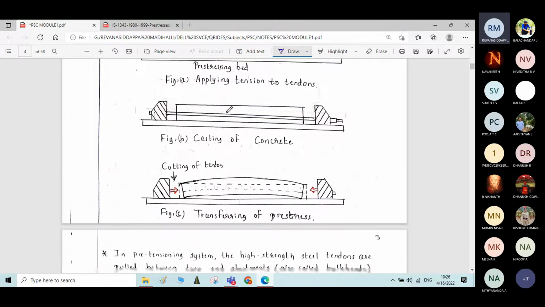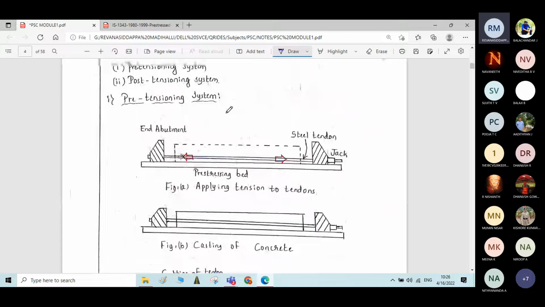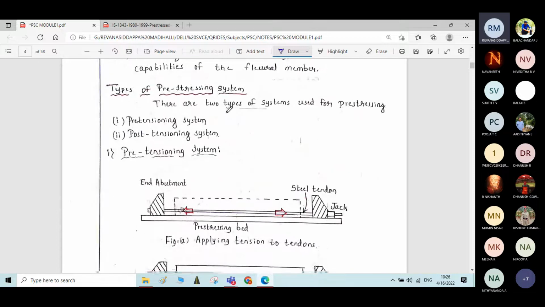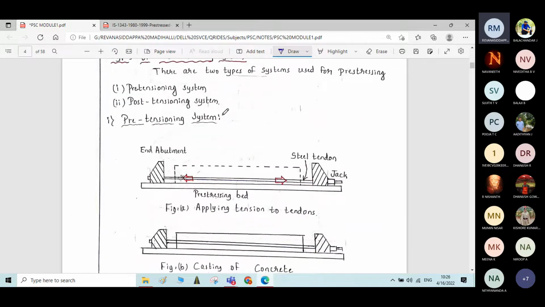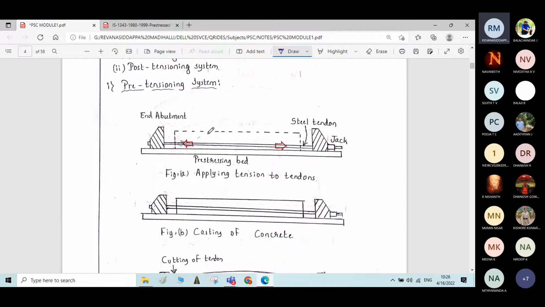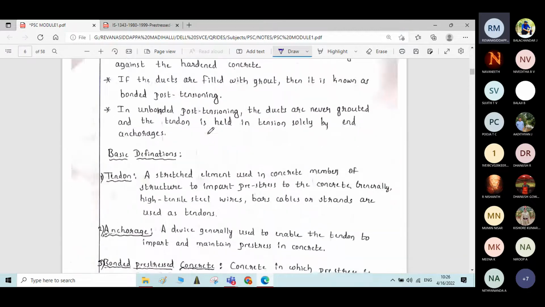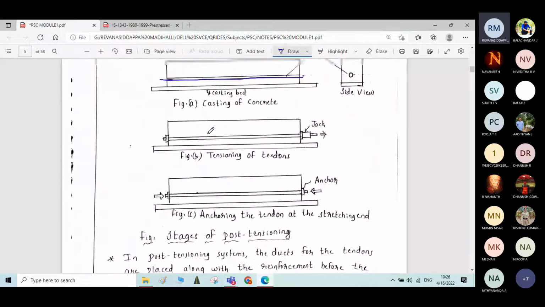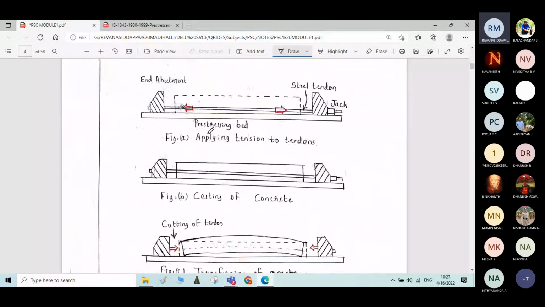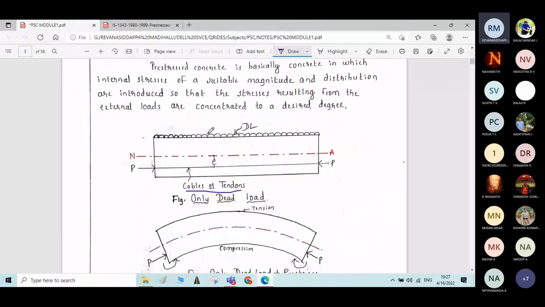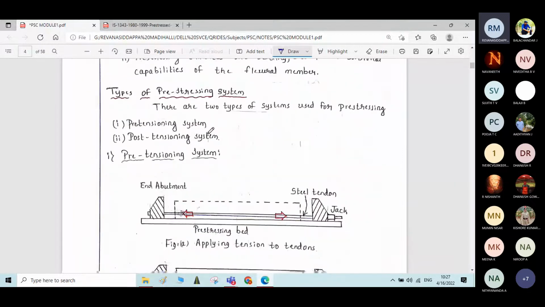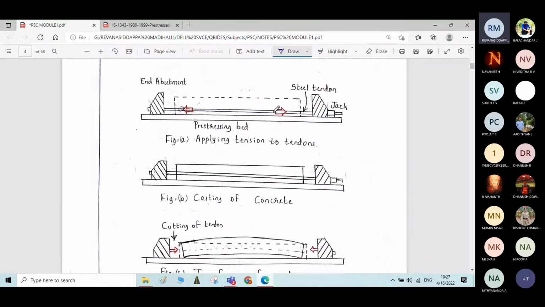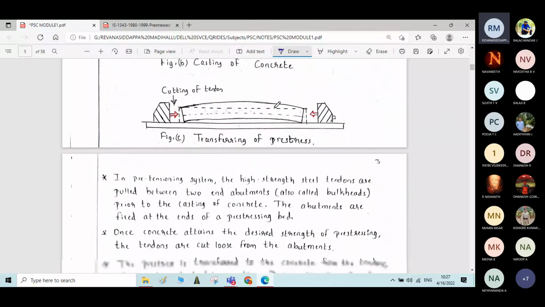That is why we call the PSC elements cast by this pre-tensioning system bonded pre-stressed concrete. Bonded pre-stressed concrete means the pre-stresses are introduced into the concrete through the bond between the cable or the tendons and the concrete.